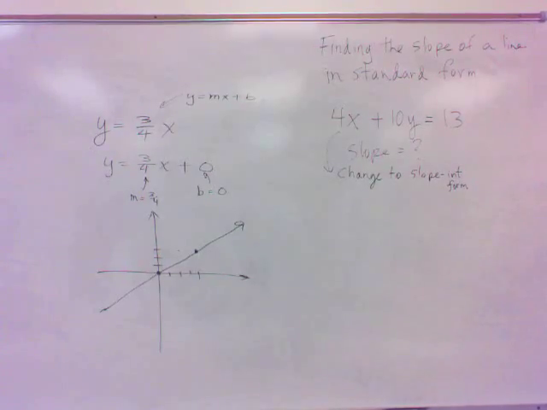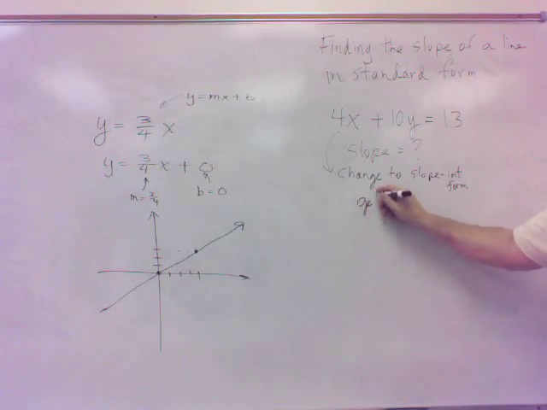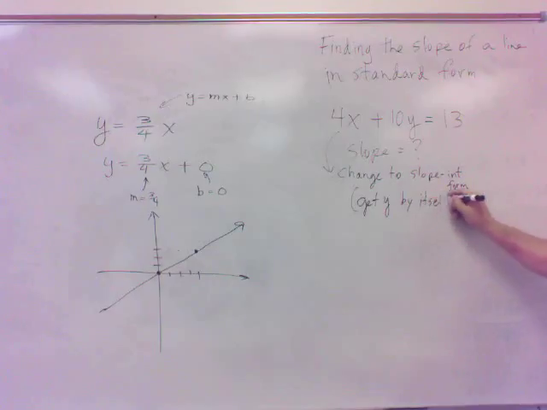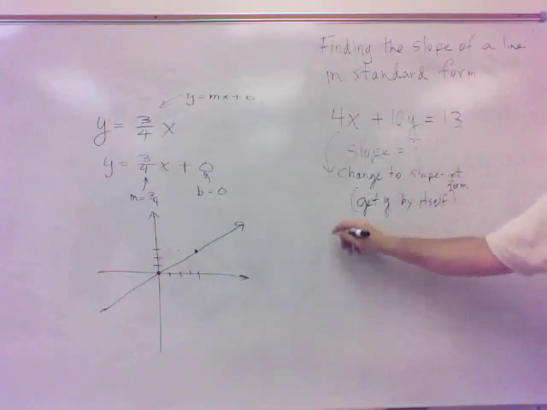Can I adjust this just like we could change the slope-intercept to standard form? We can change the standard form to slope-intercept form, can't we? Now, what does that entail? What would that mean? I need it to be y equals, don't I? I need to get the y term, the y variable, on a side by itself. That's what that means. So I need to take this equation and get y by itself.